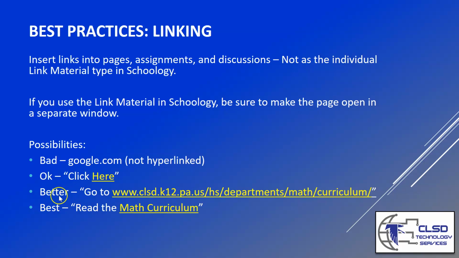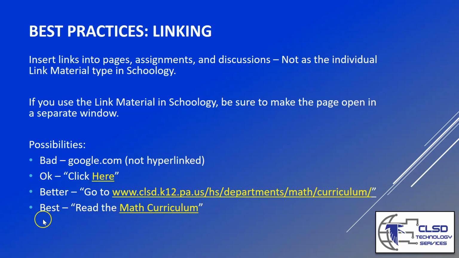The next option that I have is better, which is to put the entire web address down as a hyperlink. So the kids would actually see the entire web address and then they'd be able to click on it as well. This is okay because the kids know exactly where it's going to be taking them. When they click on it, it'll take them there. The only problem with this is sometimes those links get really long and messy and it's sometimes hard to tell exactly what it's going for.